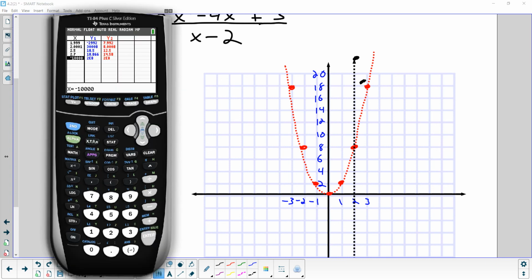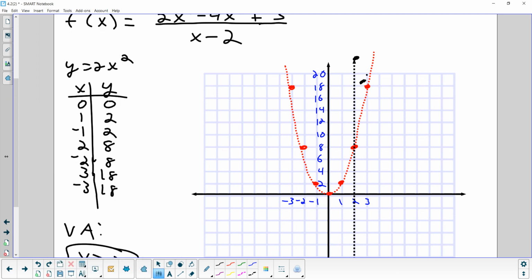So it's going that way. And then if we try 2.9, not 29, 2.9, I'm at 20. So as I head a little bit more to the right, now I'm up there. What's happening is this has to stay very close, and all of a sudden it's going to curve and go through those points. And the right side of that black thing I just drew is going to be getting closer and closer to that red dotted line. So any questions on that section just by plotting 3 or 4 points?